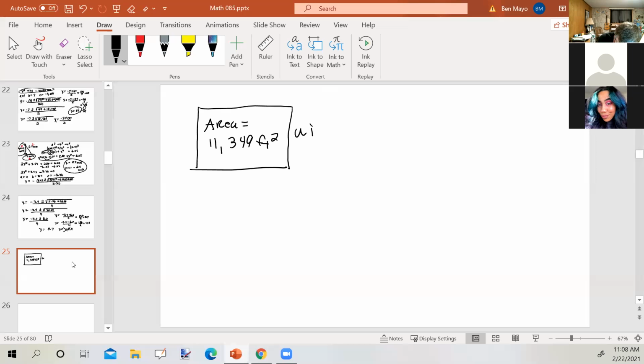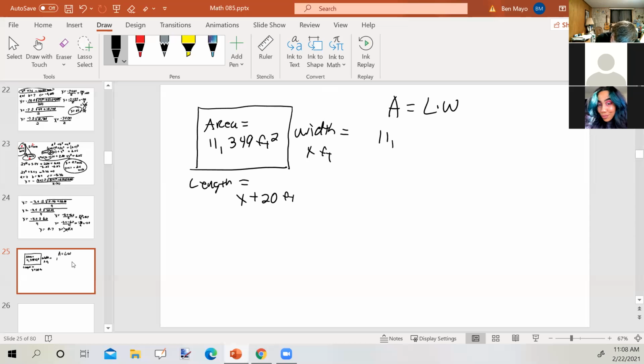So let's say the width is x, the length is going to be x plus 20 feet, okay? So the length is 20 feet longer than the width. The area of a rectangle is the length times the width.